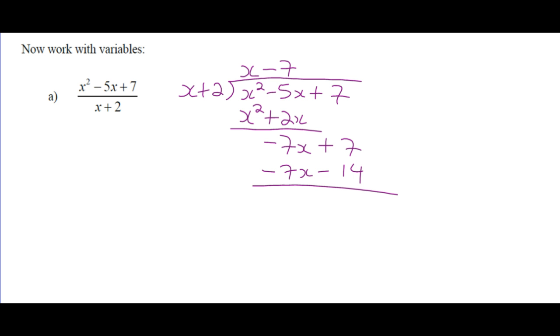Now, we made these the same, and we don't have to worry about it. Negative 7x minus negative 7x, that's gone. So what's 7 minus negative 14? This is where the arithmetic skills start to fail. What's 7 minus negative 14?